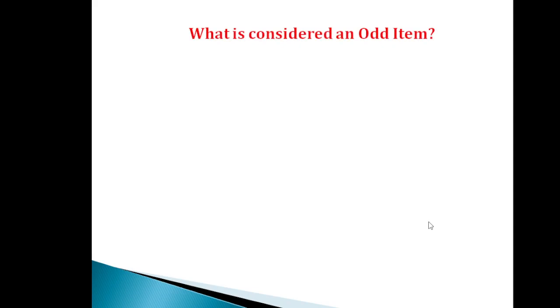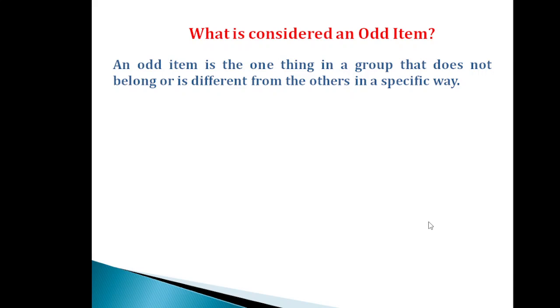What do we consider an odd atom? First of all, an odd atom is one thing in a group that does not belong or is different from the others in a specific way.